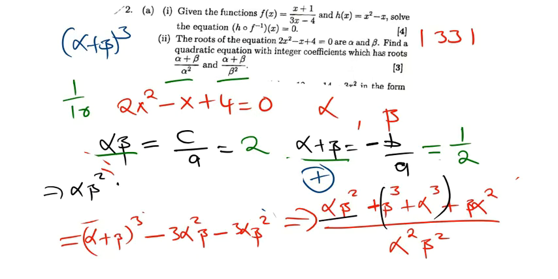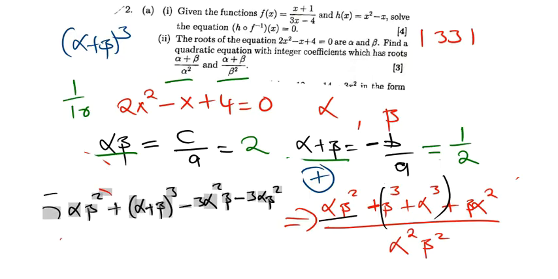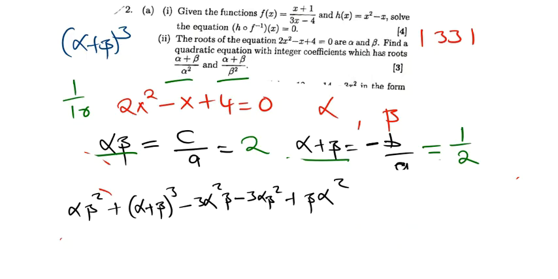Now the middle part is going to be plus alpha plus beta to the power 3 minus 3 alpha squared beta minus 3 alpha beta squared, and then the last part is plus beta alpha squared, over alpha squared beta squared.